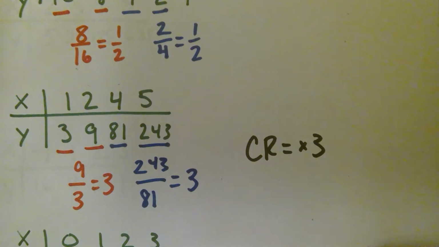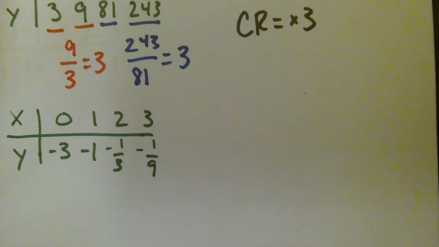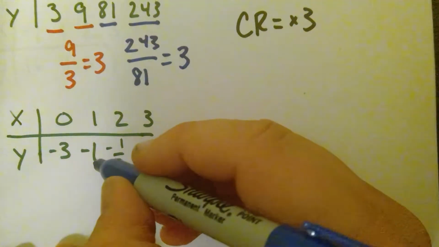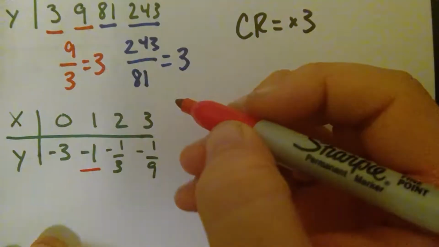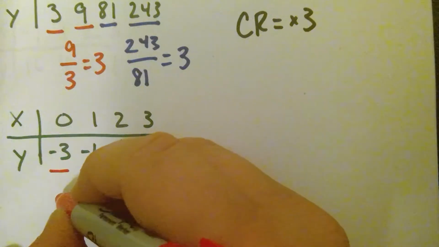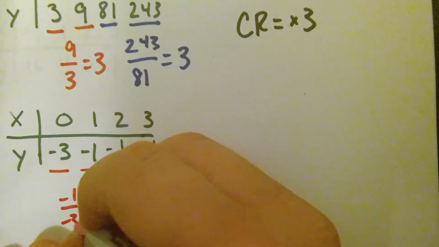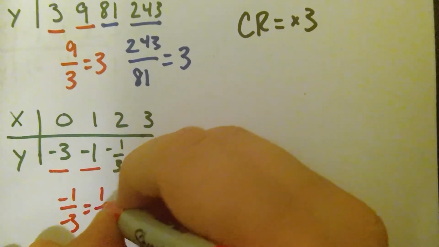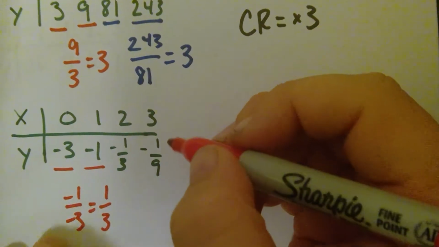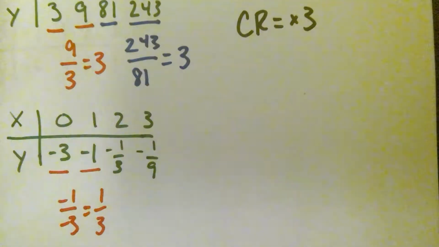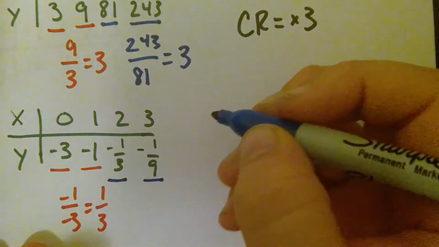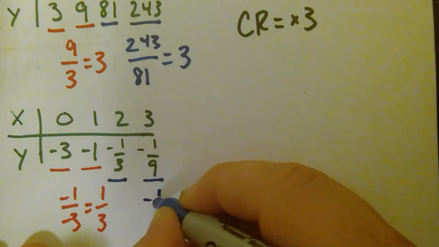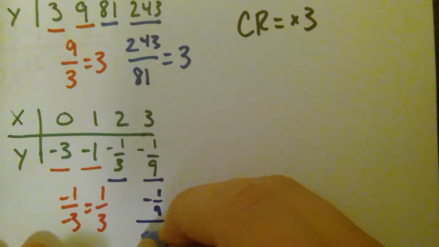Now let's look at one more table with our common ratio. We take a y value divided by the y value before it. So we have -1 divided by -3 is 1/3. Let's look at another y value, and then the y value directly before it. -1/9 divided by -1/3.